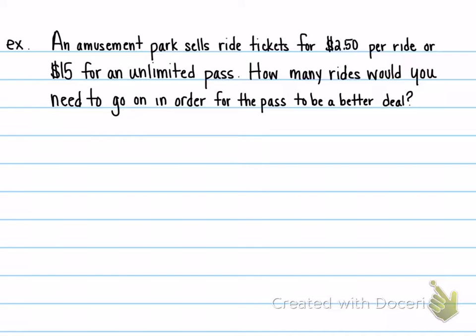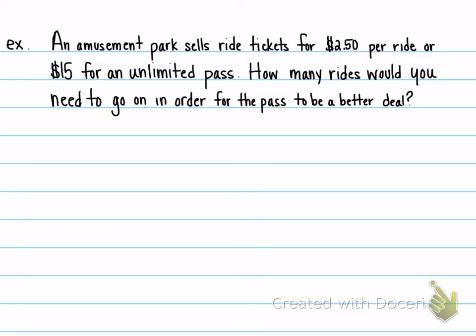So what we have to realize when we're talking about this is that to be a better deal, you have to start getting free rides past the $15. So if the number of rides you go on is equal to 15, it's not a better deal yet. The number of rides you go on has to be more than 15. So to be a better deal, you have to think about this.